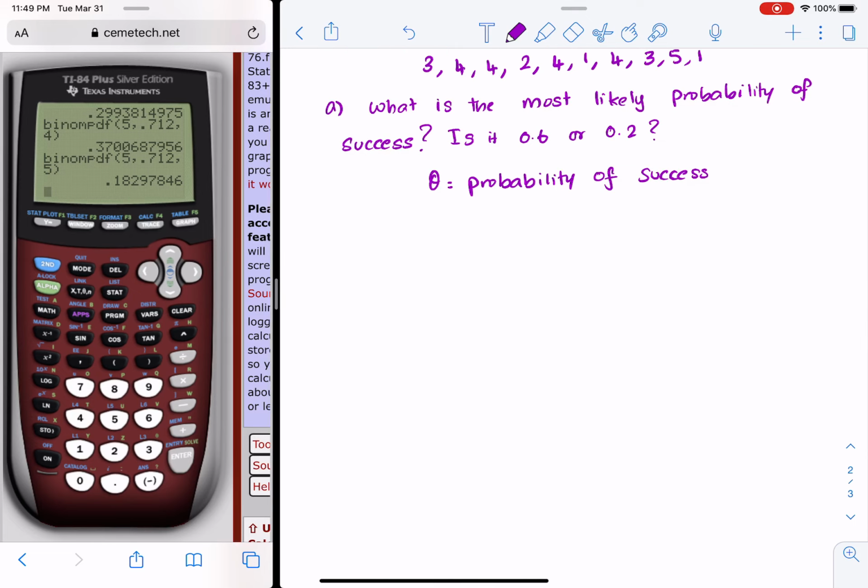In order to find this, we're going to compute the likelihood, which is simply the probability that we observe the sample X given the parameter theta. So that is the sample of 10 values in the question and the parameter theta.